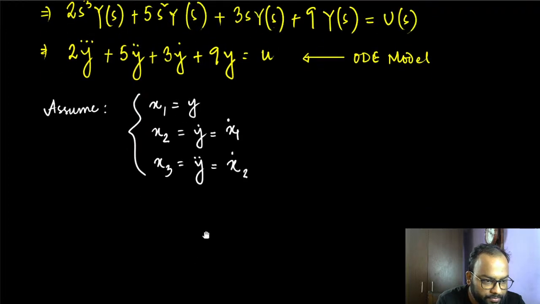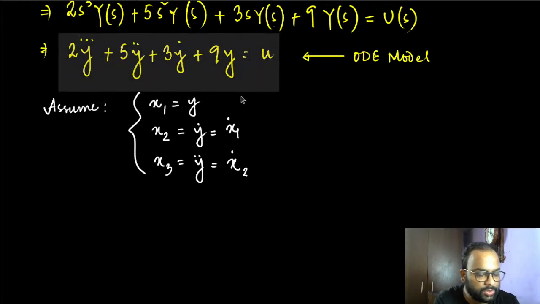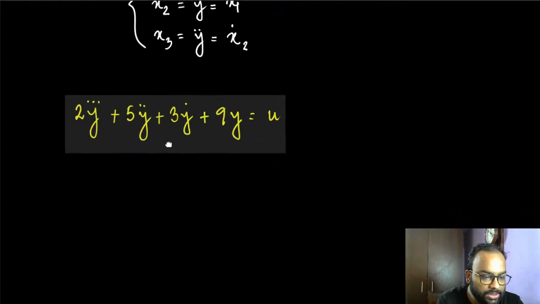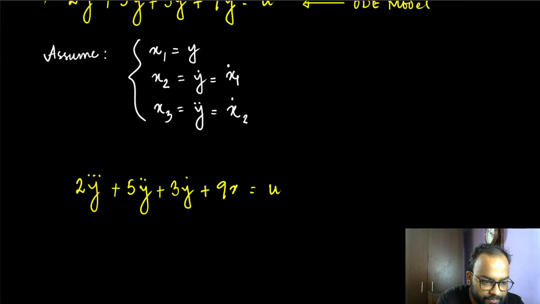All right. Now our intention is to do this substitution here in the differential equation. Right? So let's bring this differential equation back here and do this substitution. All right. So instead of y, what do I need to write? Instead of y, I need to write x1 because that is the substitution we assumed.